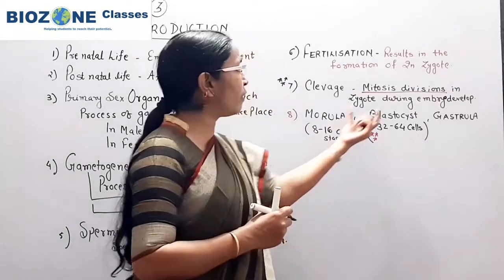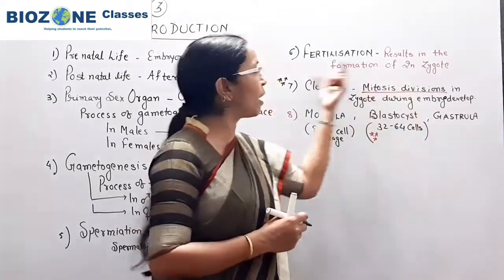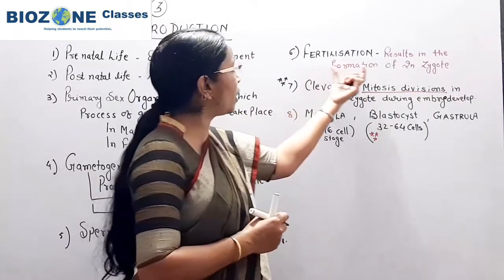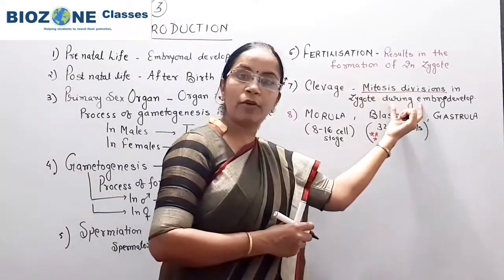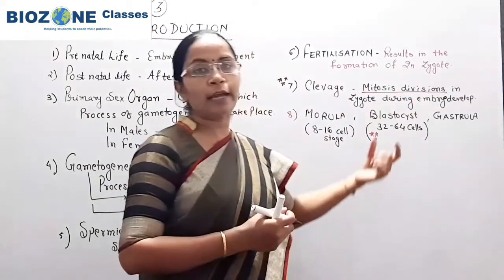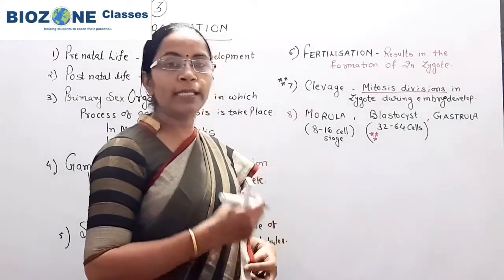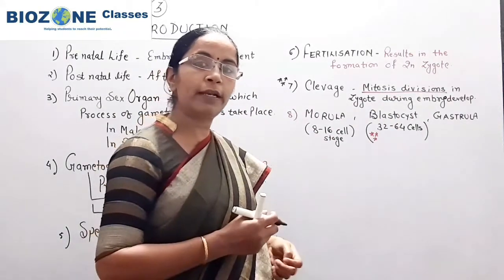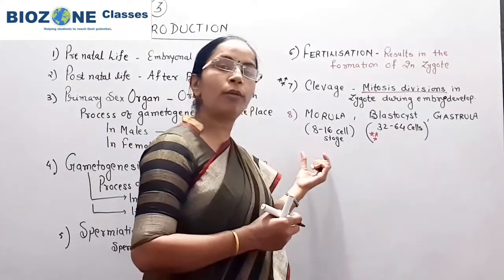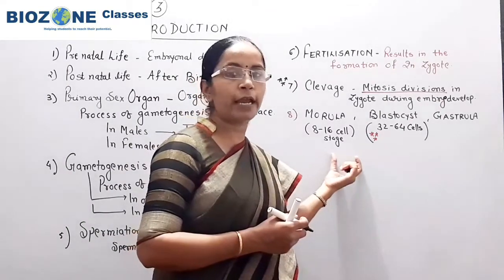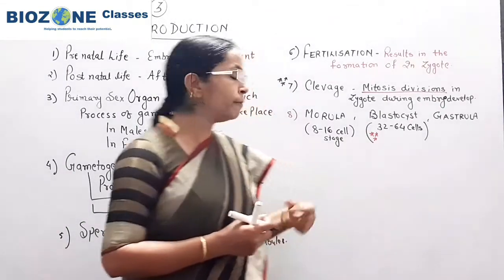But look here, in simple terms remember: gametes undergo fertilization. After fertilization the zygote forms, and then this zygote undergoes division. When the single-cell zygote continuously divides, it leads to the formation of 2 cell, 4 cell, 8 cell and then 16 cells.